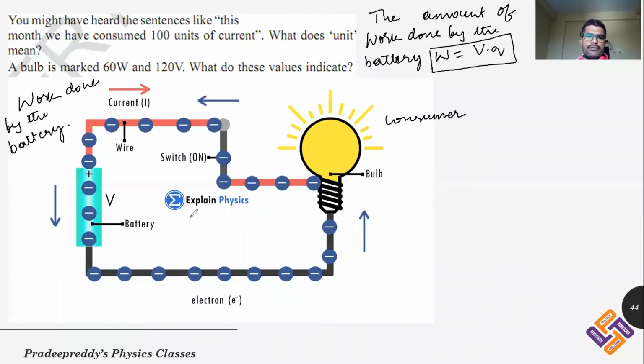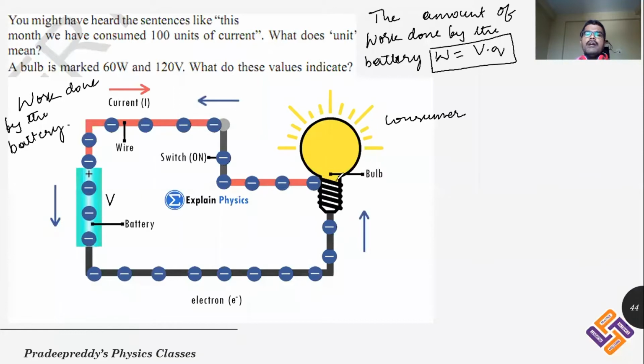The less the charge flowing, the less the work done. The more the charge flow, the more the work done, and that is possible only if there is a greater potential difference offered by the battery. If the battery provides a high potential difference, more charge can flow through the conducting wires.